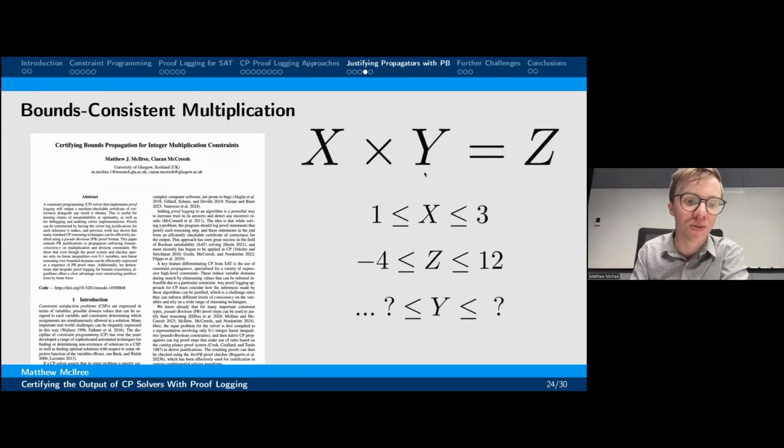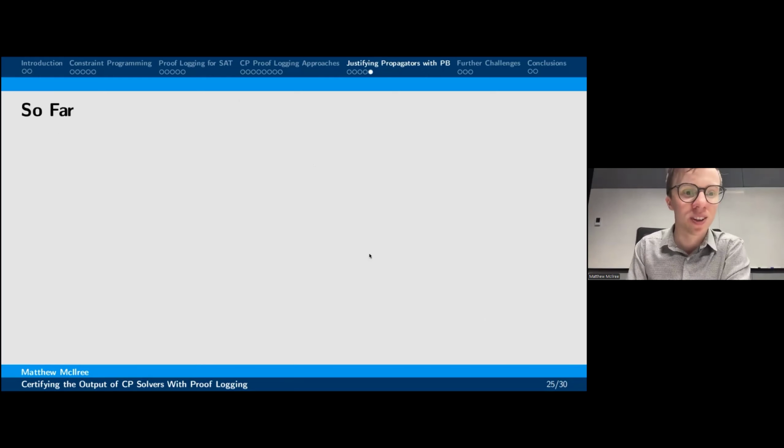But if we're willing to accept that cost, which may or may not be acceptable to you, depending on your use of your solver, we can construct pseudo-Boolean justifications for this as well. And we have some slightly awkward derivations because you have to do case analysis on negative values, which mess up bounds consistency in all kinds of horrifying ways.